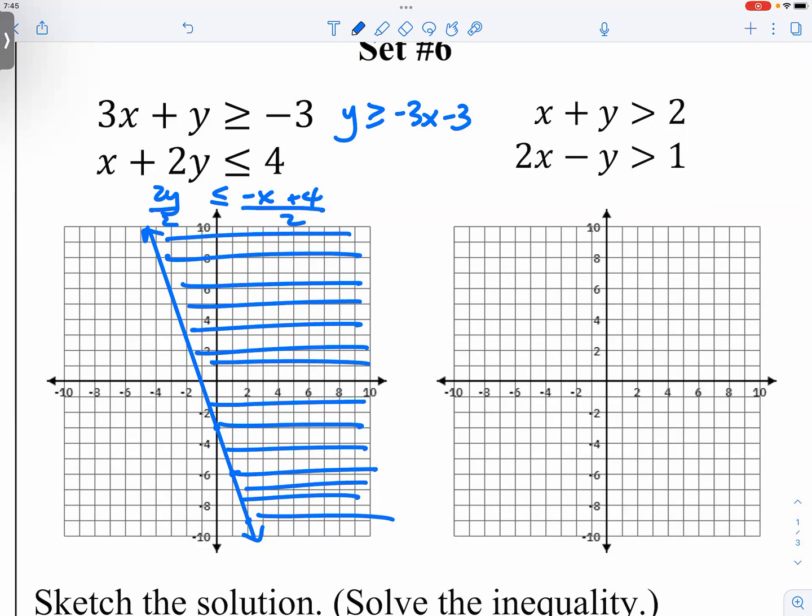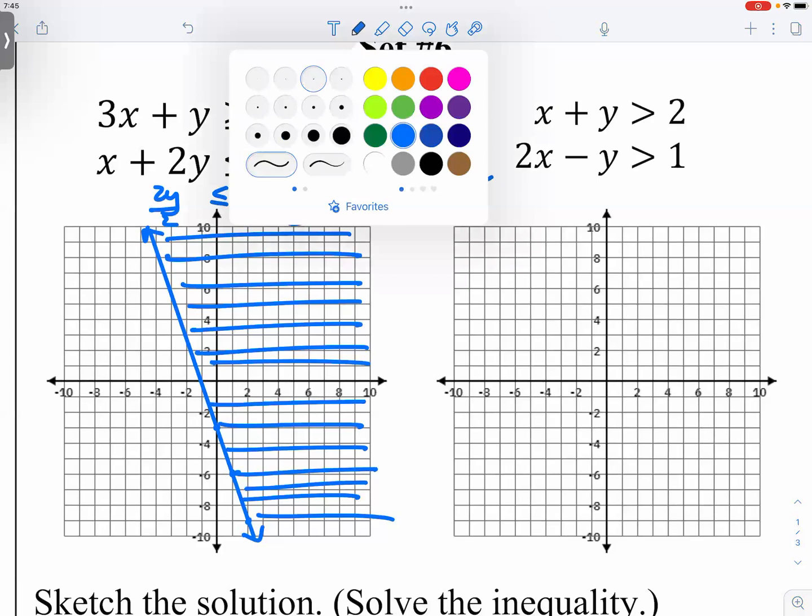And again, make sure you divide them correctly, properly. So y is less than or equal to negative 1/2 x plus 2. Again, we divide the whole side by 2, and there are 2 terms in the numerator. You've got to divide both together.